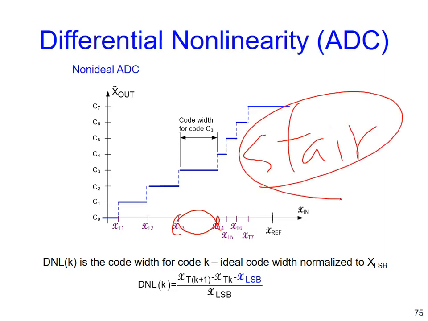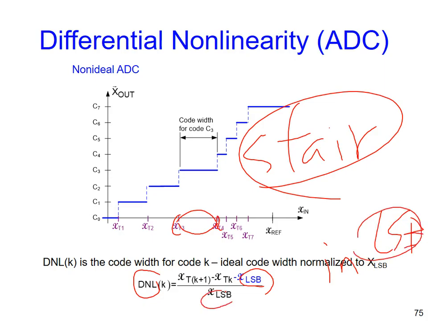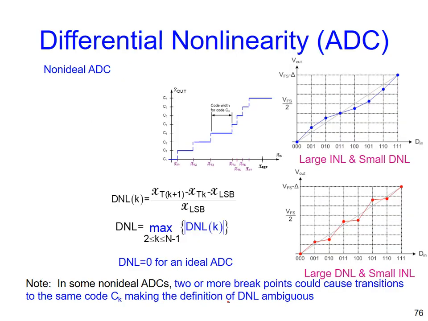What is the difference from the ideal value? But again, usually we express INL or DNL in LSB, in units of LSB. It means you need to divide the absolute value by the LSB value. And by definition, we choose the maximum.